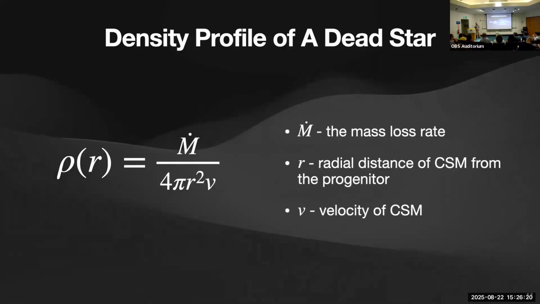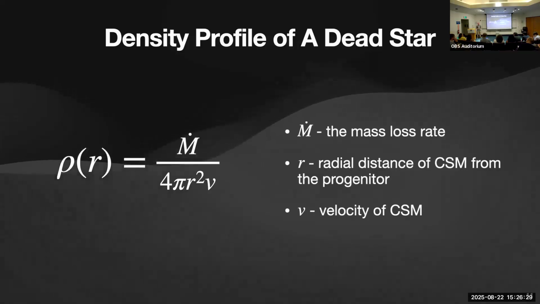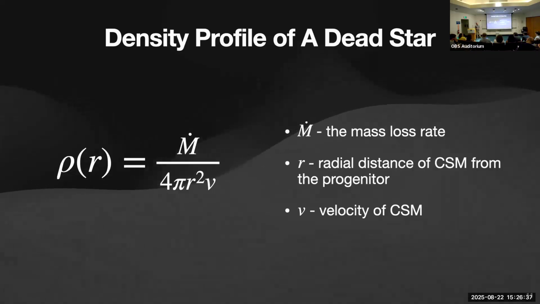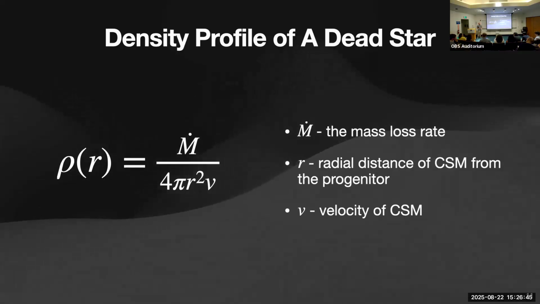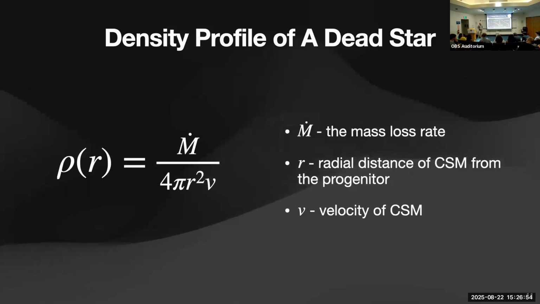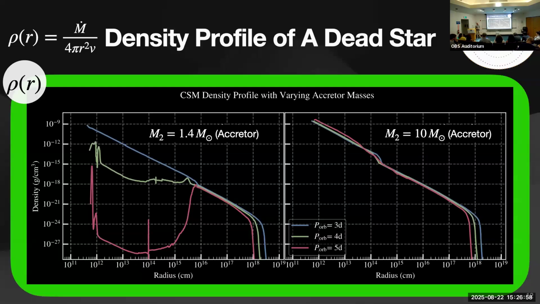And we see that we have the mass loss rate and the radial distance from the star, because our plot goes up to larger radii, which becomes more difficult.